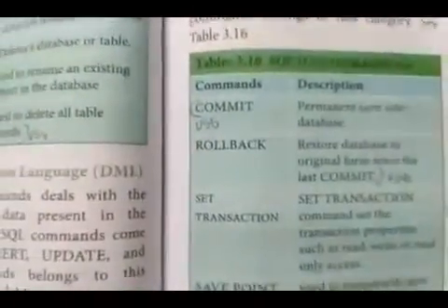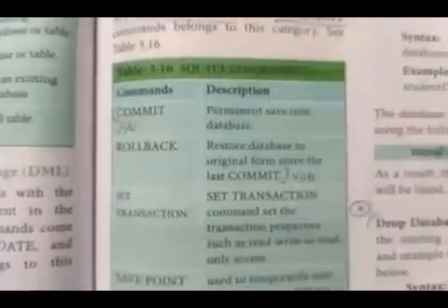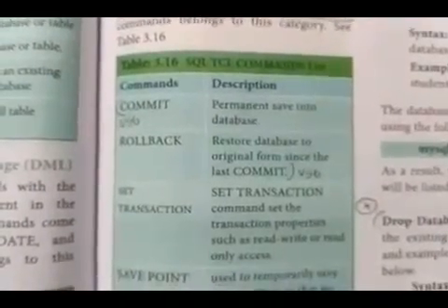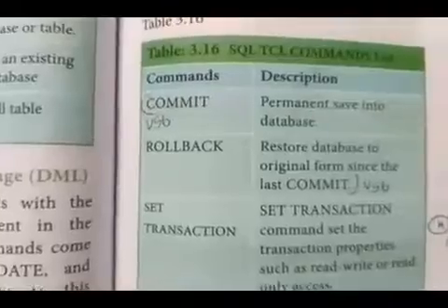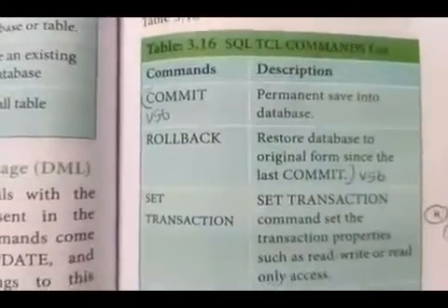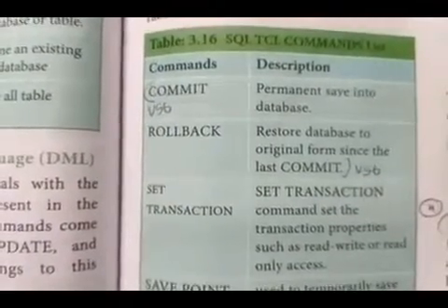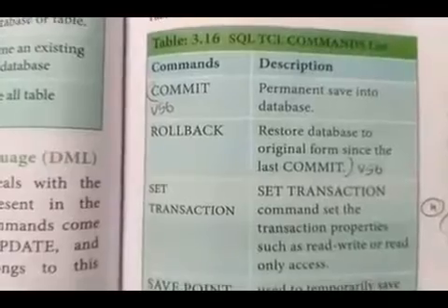Suppose, for example, you are working in MS Word and you have typed for more than 2 or 3 pages. After that, if the current switches off, what will happen? The entire data that you have typed will get erased. Why? Because you haven't saved the document.